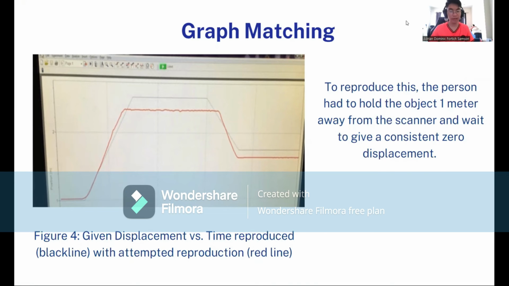The person then had to move away from the origin with constant speed to match the inclination of the black line. After this, the object stayed put and then moved towards the origin again with constant speed to match the decline of the black line. Finally, the object stayed put again to match the horizontal line, where there is no movement detected or no displacement.